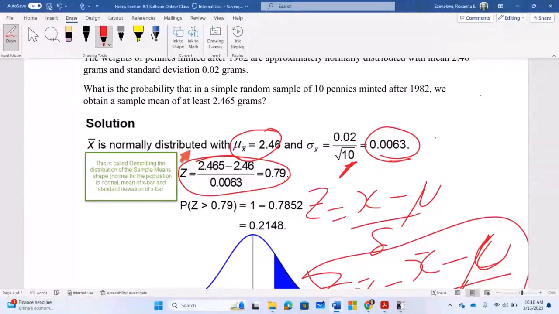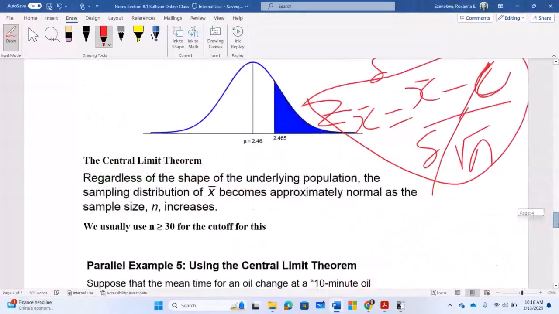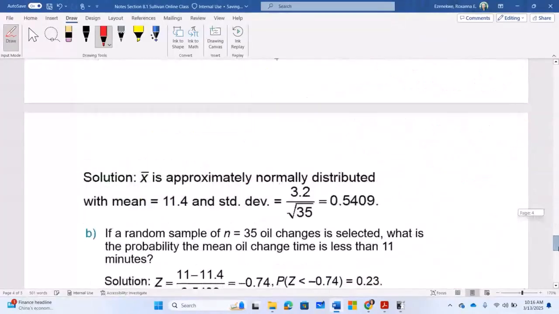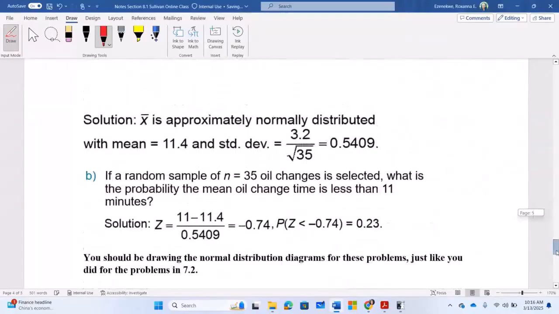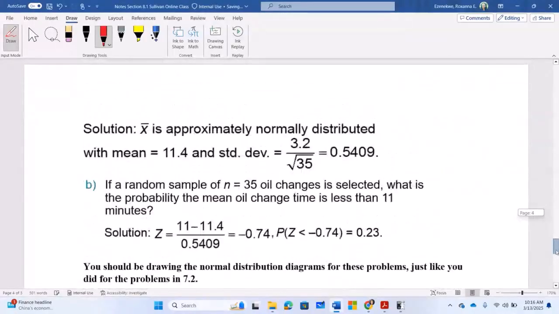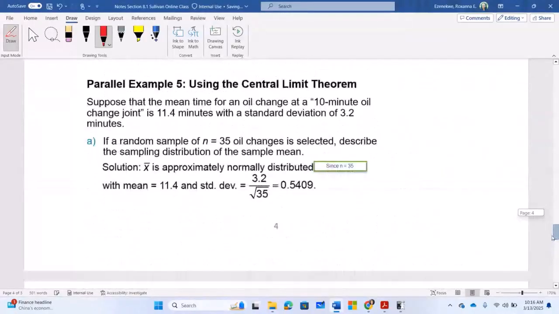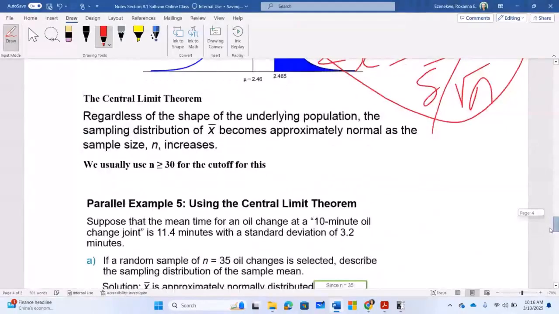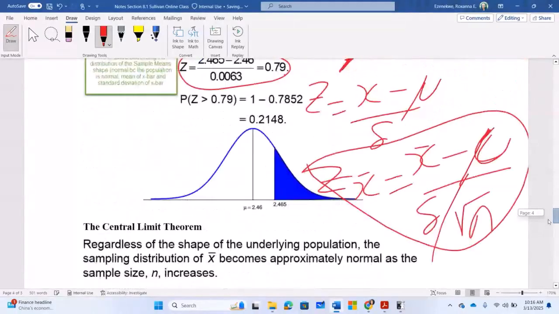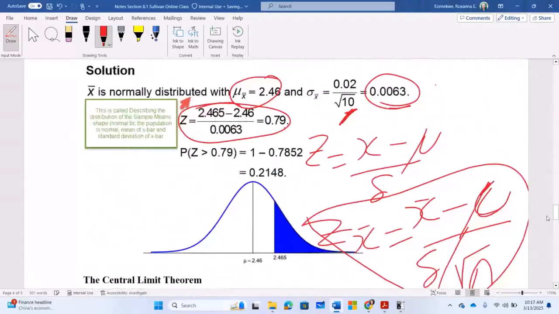And that probability is the area to the right, because it says greater than. By the way, you can put them all in the calculator. So I can actually find that area.